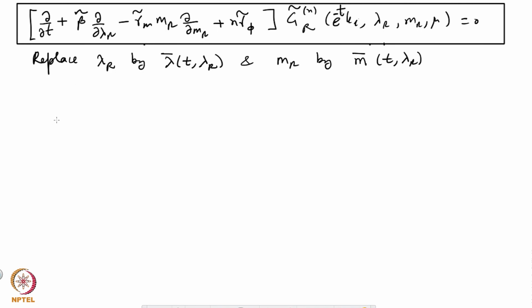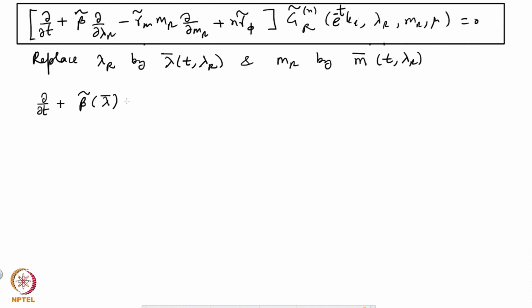So what do I get? I get delta over delta t plus beta tilde, and beta tilde is a function of lambda bar. Okay, I will not write t lambda r again, I'll leave it like this, but that is understood.